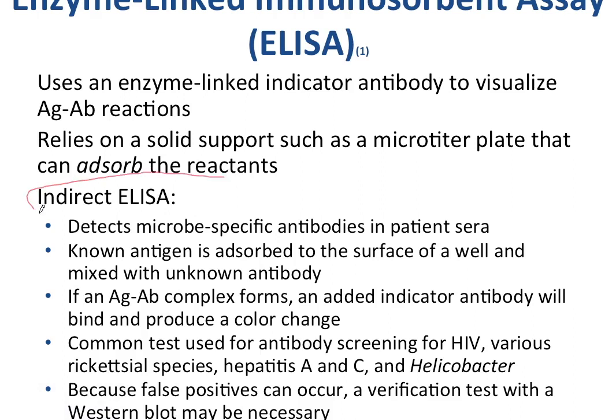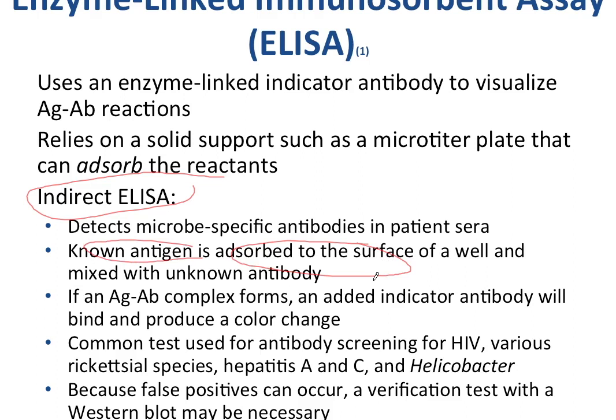So we have indirect ELISAs. Okay. So we coat the plastic plates with the known antibodies, and then we add the patient's serum. If the patient's serum contains the indirect, so we use the known antigen to coat the plate, and then we add the patient's serum.